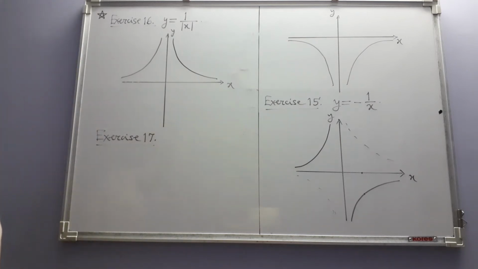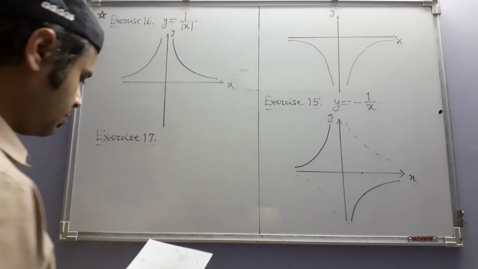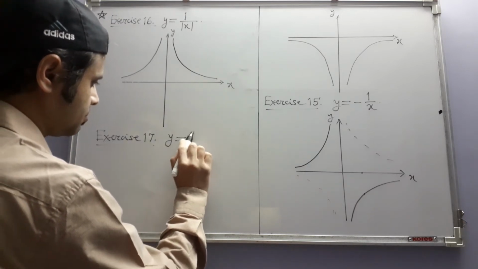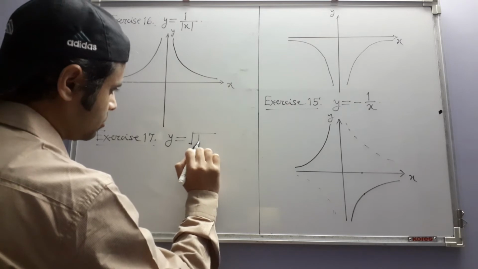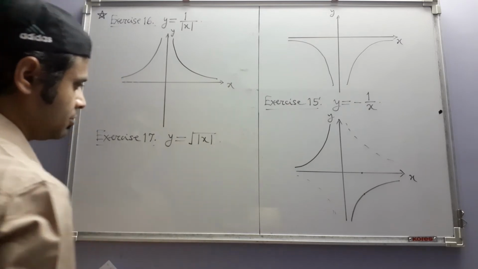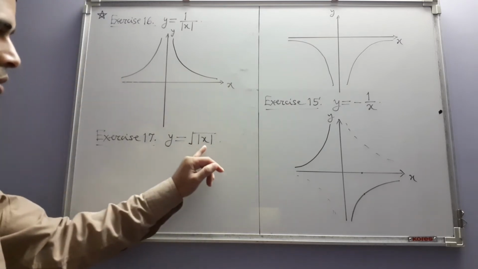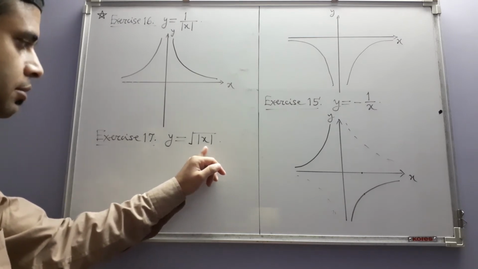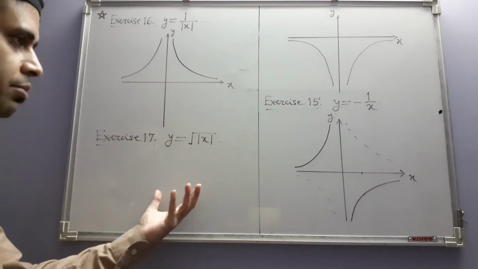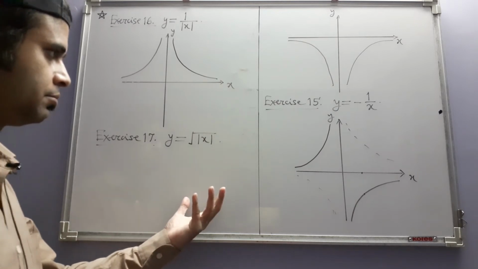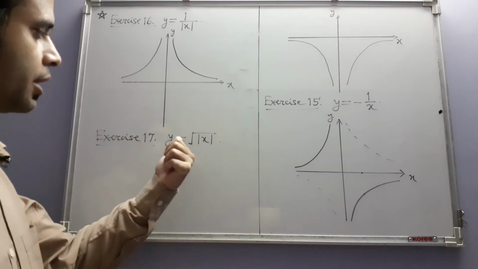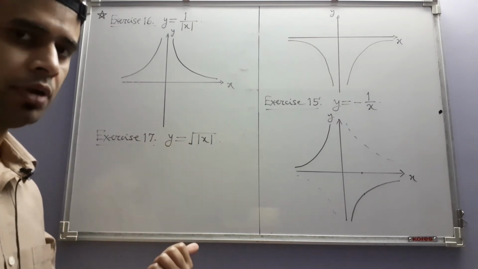And then 17, y equal to square root of absolute value of x. If we had simply x here, we would be forced to remove the negative part of the x-axis, because then we will not be able to put negative values of x.